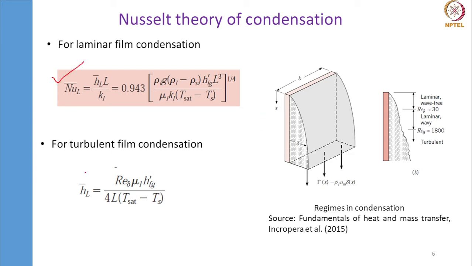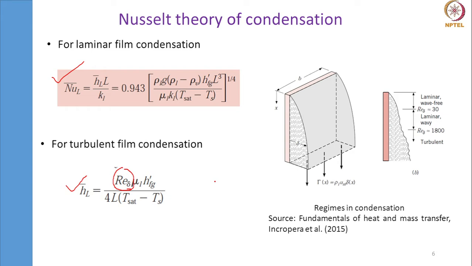These two relations are going to be important in our class because we are going to use them in our numerical problems. And also if we see the turbulent film condensation, we have a term called Re delta. This is based upon the boundary layer thickness. So based upon it, we have different numerical formulae for the heat transfer coefficient as a function of Reynolds number.